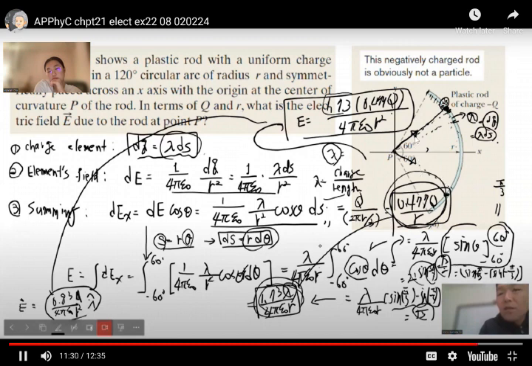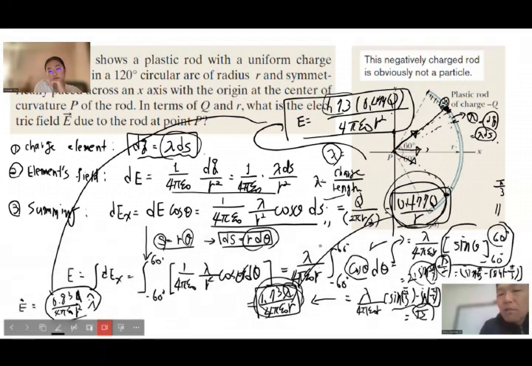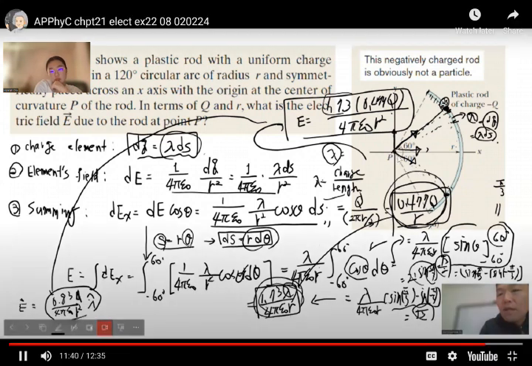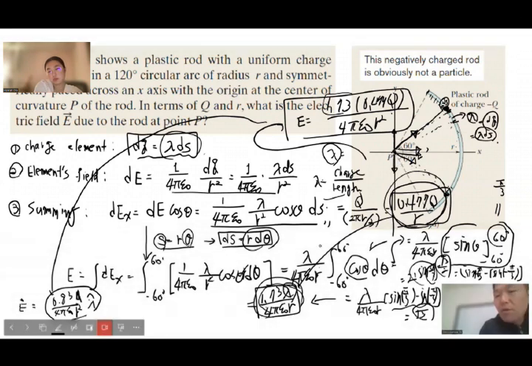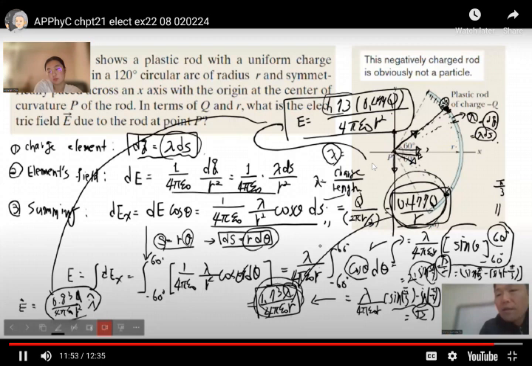If you decompose this electric field, it has a component on the x-axis and a y component, and the field from the second line element at a symmetrical point also has an x component and a y component right there. Just take a look at the two components from the two line segments.